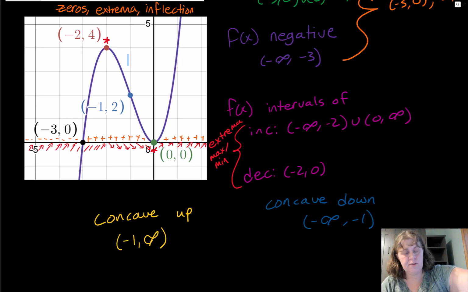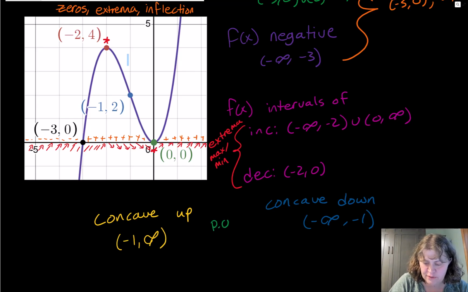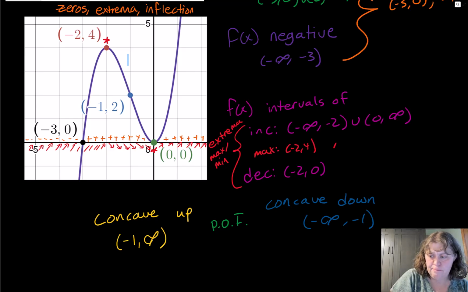And then the other thing that we have is concave up, concave down, and we've kind of already talked about that one. Let's see, what color should I use? I've kind of used all of them. We'll use green. For this one, my point of inflection is the thing that helps me determine what's going on there. So my extrema, I had a max at (-2, 4), and I had a min at (0, 0).